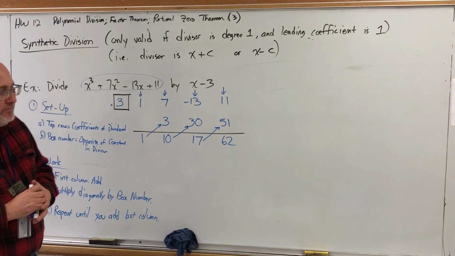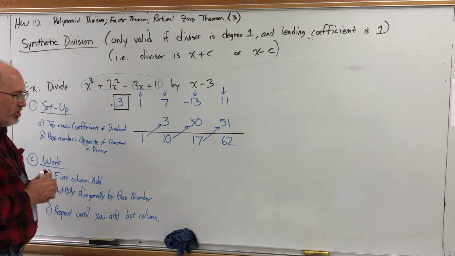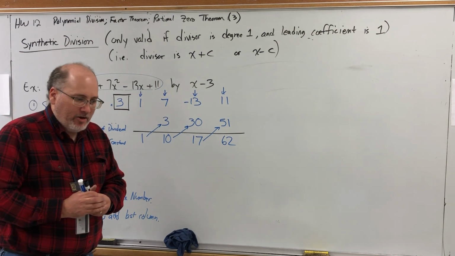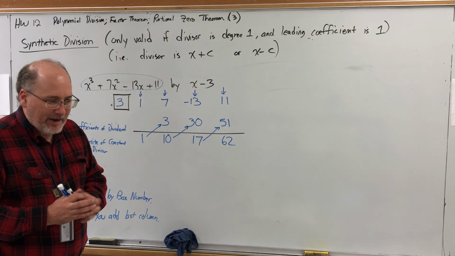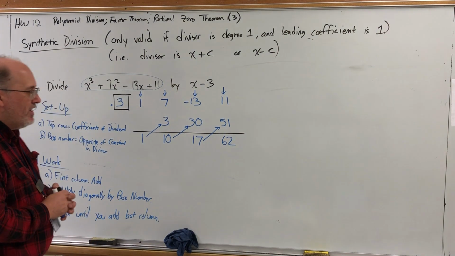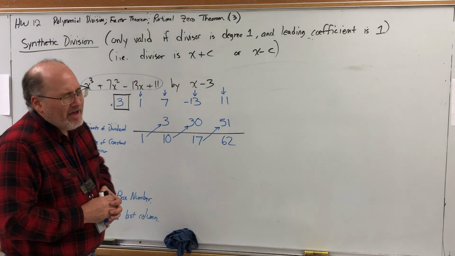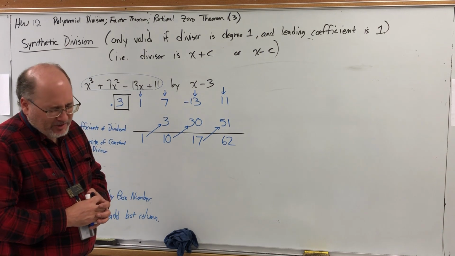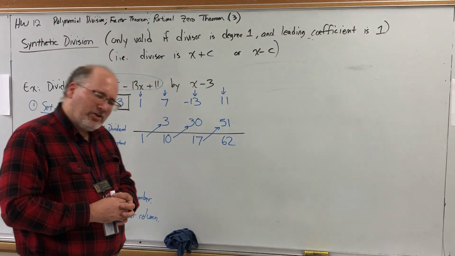You add and multiply. It's a lot more efficient than long division. In long division, my apologies if you're reading the closed captions because this next part's going to go fast. In long division, you have to divide the leading term of the dividend by the leading term of the divisor.